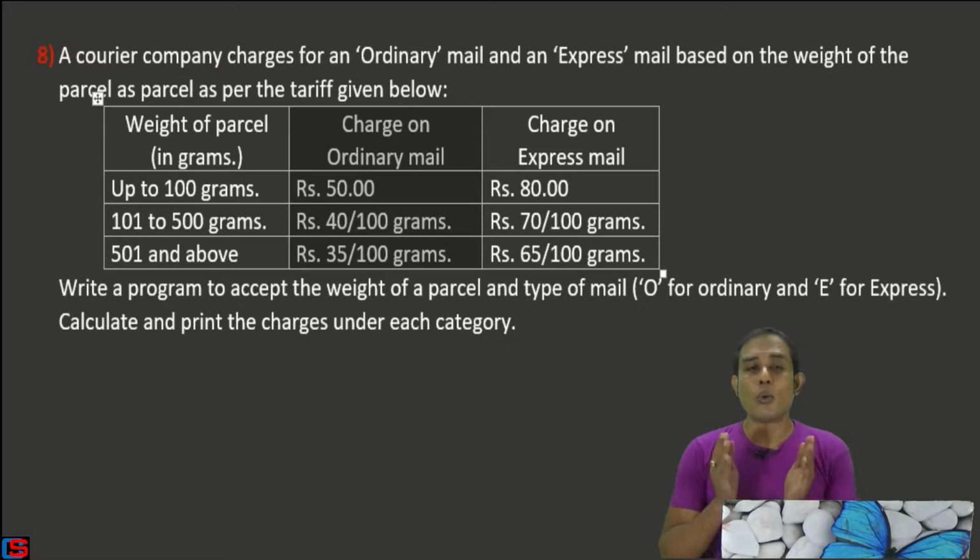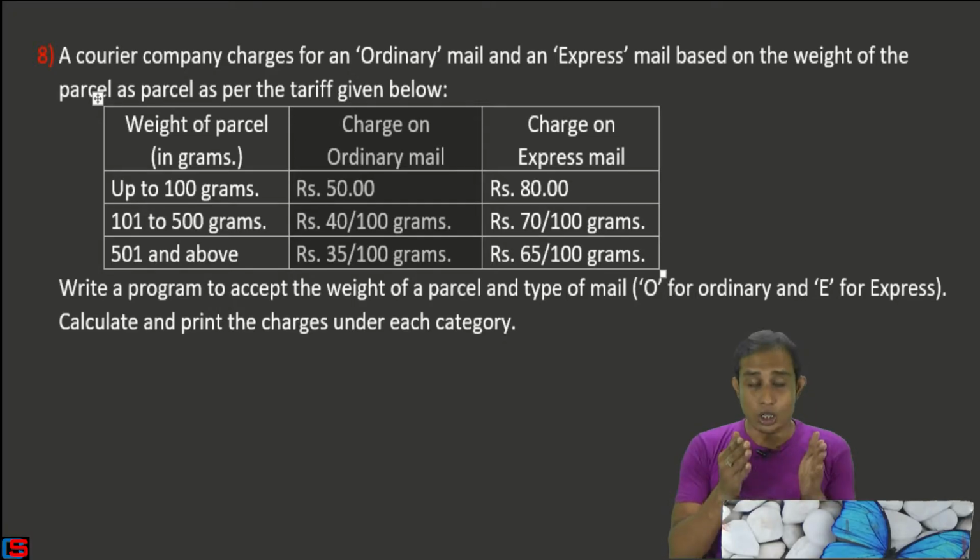Now if the weight of the parcel is 250 gram, then for the first 100 gram it is 40 rupees, for the next 100 gram it is 40 rupees, and the remaining 50 grams is not going to be calculated as a fractional part of rupees 40, rather it is calculated as a whole 100 gram. Maybe it is a part of the 100 gram, or maybe a complete 100 gram, it does not matter.